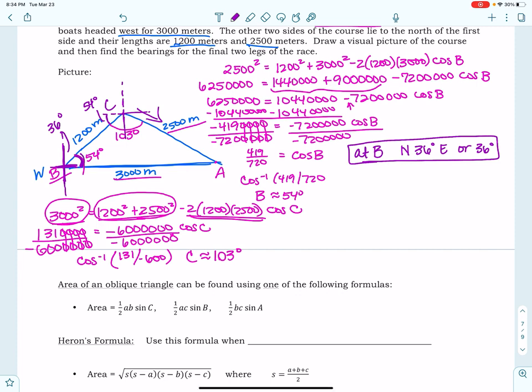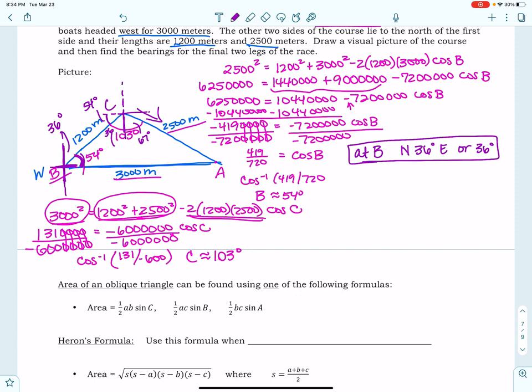And that means that this angle right here is going to be 90 minus 54, so that angle is 36. And then we're going to subtract that from 103, and that means that this angle is 67. So you just kind of have to work your way around to figure out what all of these angles are.